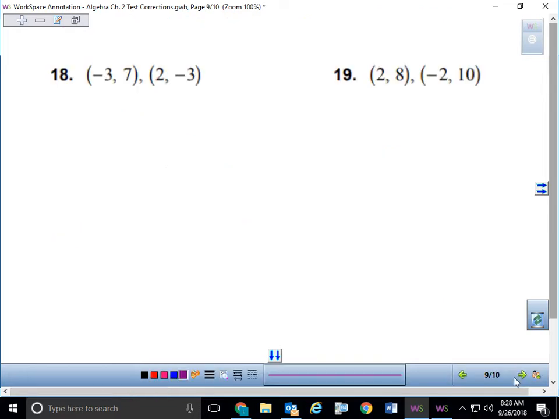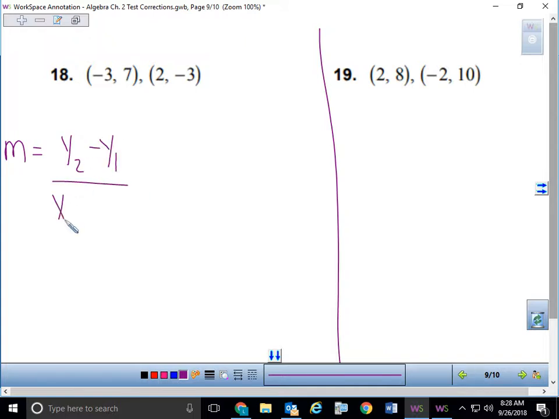18 and 19 are the same type of problems as 16 and 17, where we have to write an equation in slope-intercept form of the line that passes through these points. So I'm going to start by finding my slope first by writing my formula. M equals y2 minus y1 over x2 minus x1.